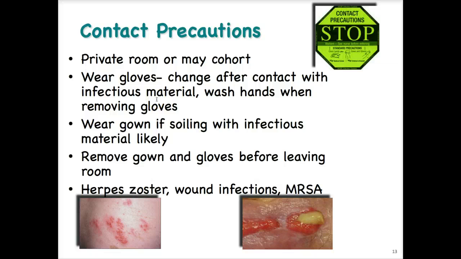Your third type of precautions are your contact precautions. Contact means, what will I come in contact with? Will I come in contact with an organism or something infectious? So with contact, you must wear gloves, you must make sure you wash your hands, and you must wear a gown if soiling is likely. Common infections for which you may need contact isolation would be herpes or wound infections like MRSA or VRE.